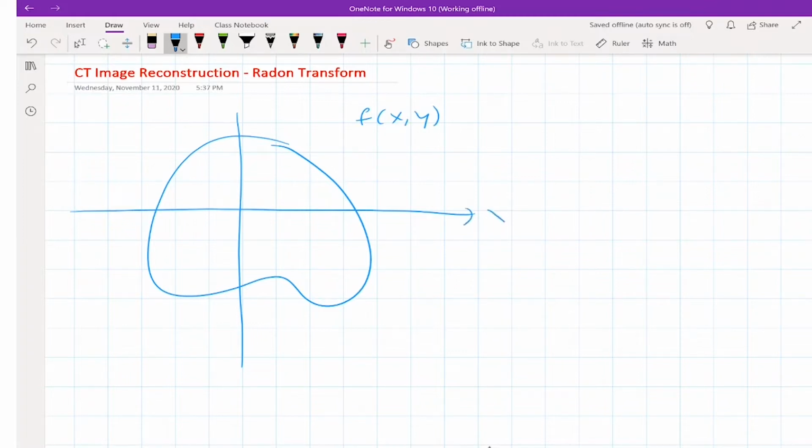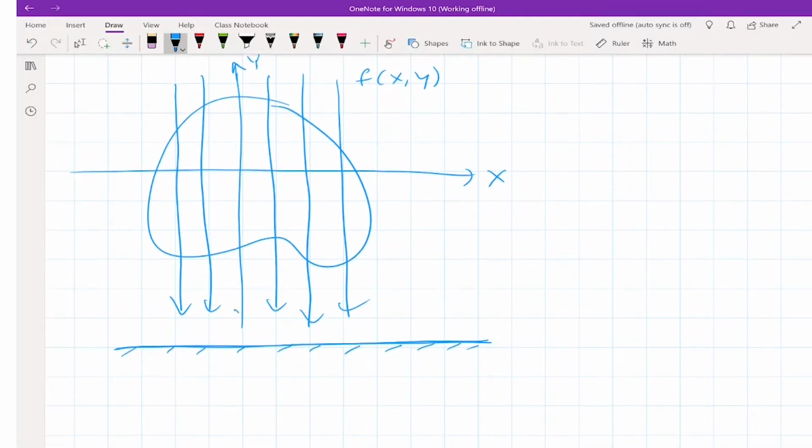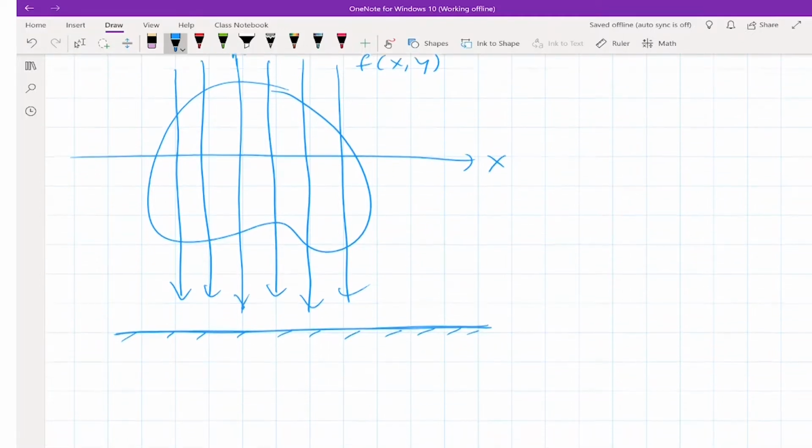Let's say this is your x-axis and this is your y-axis. When you are scaling it down by one dimension, you could think of the equivalent problem in 2D, as you get multiple projections of it. Let's say a simple case we would consider first. You are taking projections parallel to the y-axis, okay, and these are all falling on a screen, or a sensor, for that particular kind of rays that you have.